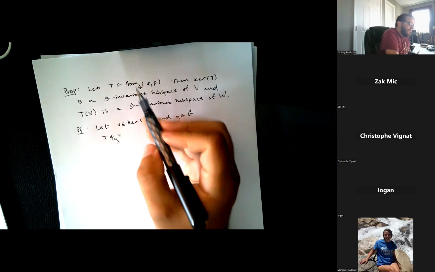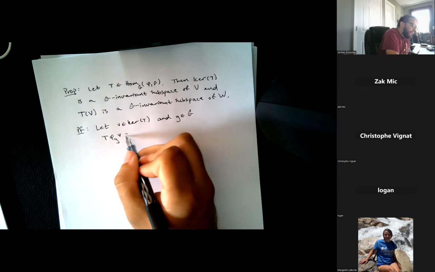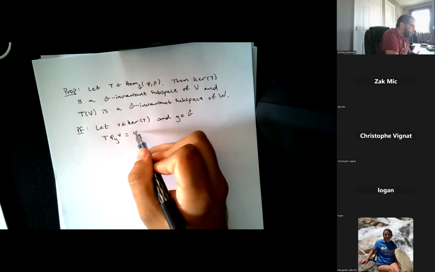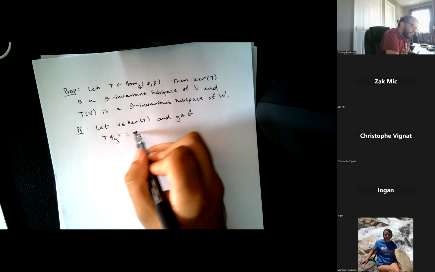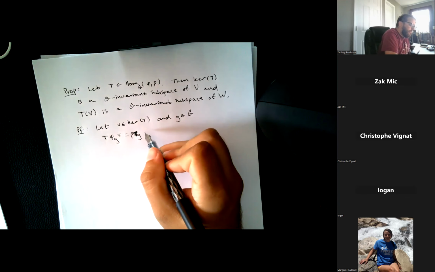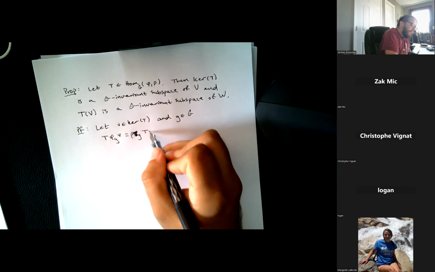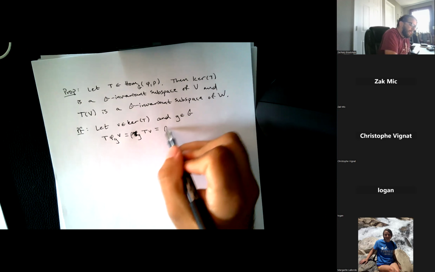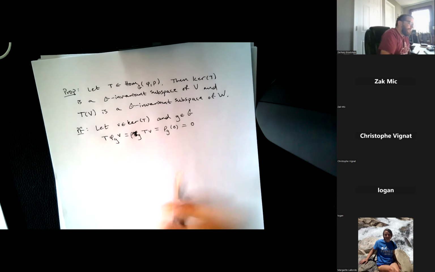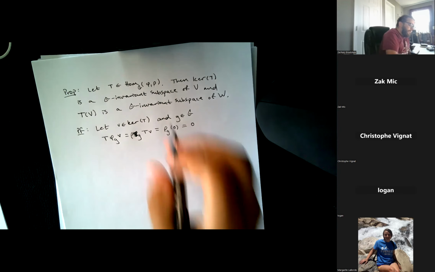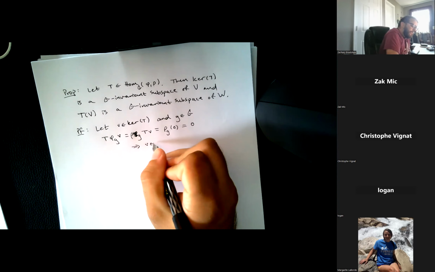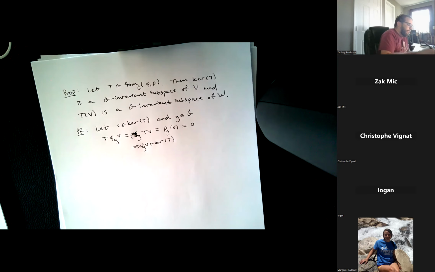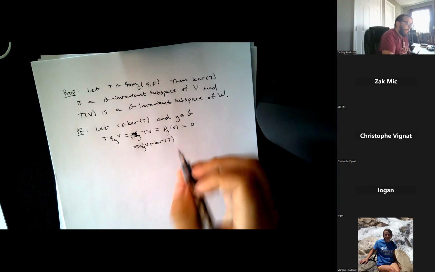But if T is in the Hom set, then this is equivalent to rho g T v, but v is in the kernel, and so this is rho g 0, which is, of course, 0. And so that implies that phi g v is in the kernel of T, and so the kernel of T is G invariant.